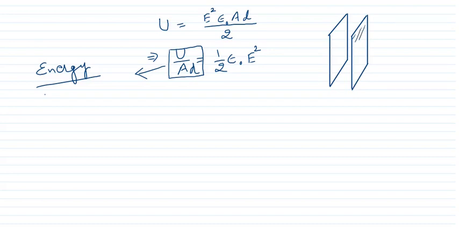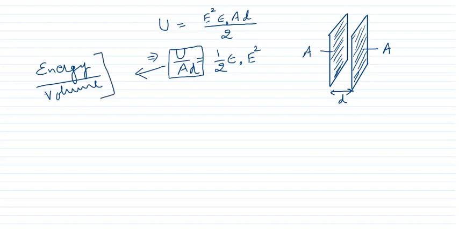This portion is area A, and this portion is D. Now if I multiply A with D, what I will get? It will become volume. So therefore this ratio is energy per unit volume, and this ratio is known as energy density.